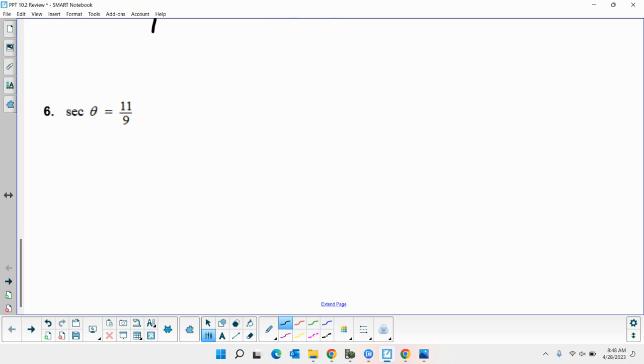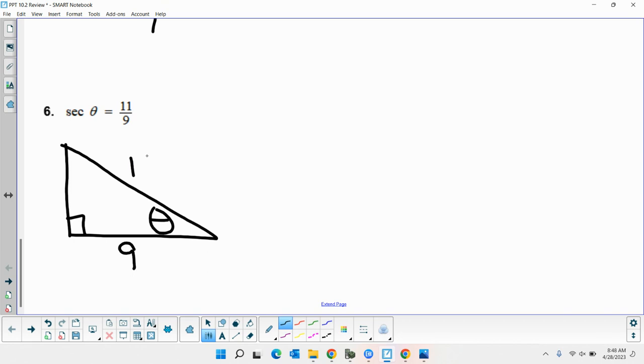Okay, this one, again. Secant's reciprocal of cosine. All right? So cosine is adjacent over hypotenuse. Secant was hypotenuse over adjacent. When you do Pythagorean theorem, this becomes the square root of 39. 121 for that minus 81 is 39.